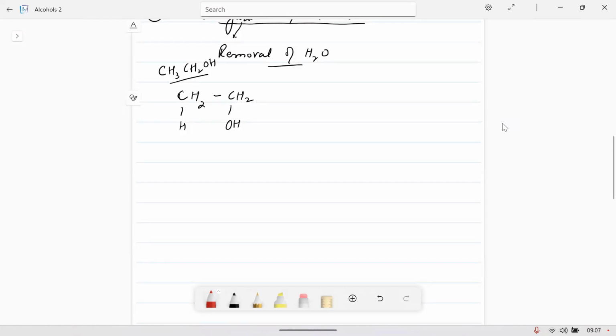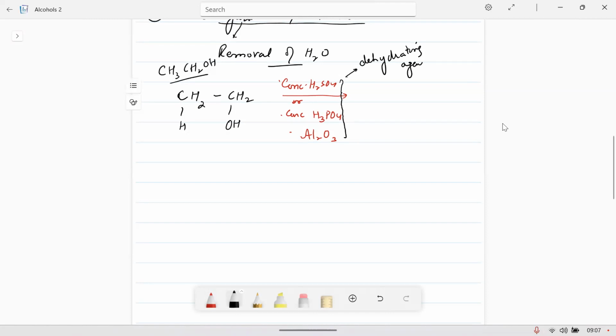Now, what happens over here is you react this in presence of either concentrated H2SO4, or concentrated H3PO4, that is phosphoric acid, or you can react it in presence of Al2O3. All these are examples of dehydrating agents. In the presence of these, the H goes out, the OH goes out, and they combine to form water.